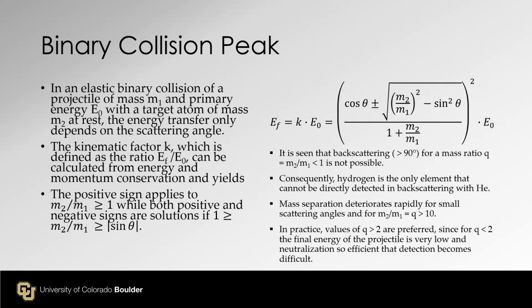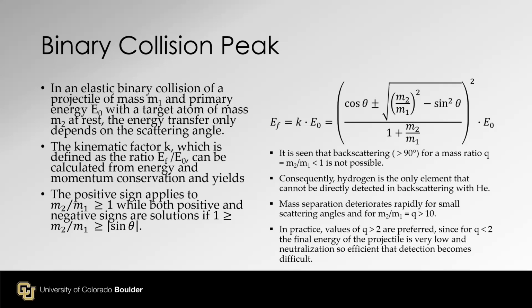Okay. When we are using helium, we cannot detect hydrogen. No way, because its backscattering is not possible. In practice, we want to have more mass ratio difference between the primary ion and the target atom.